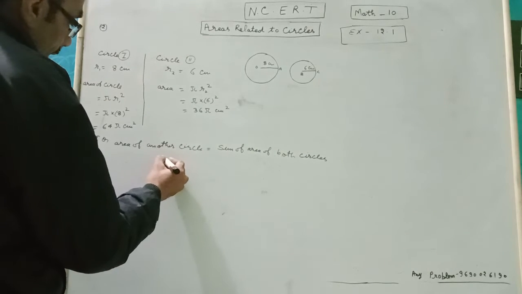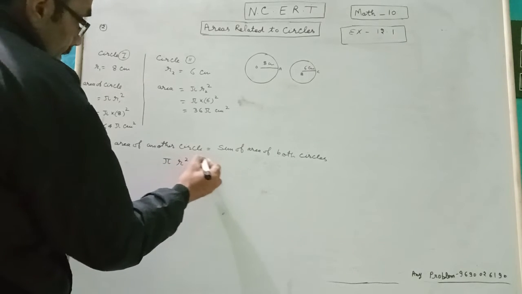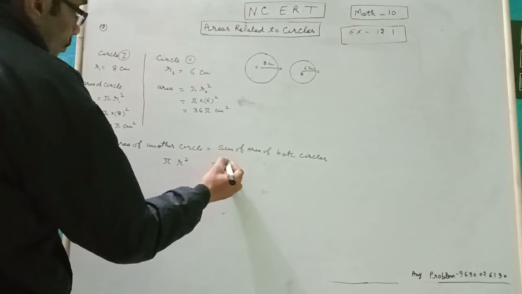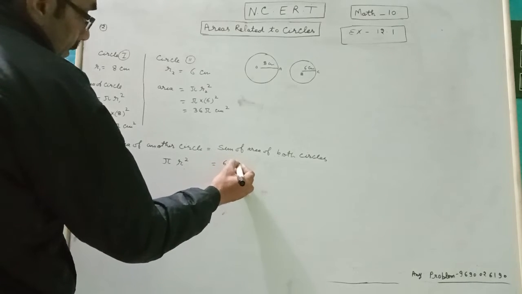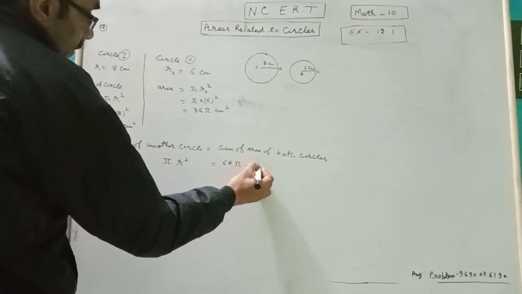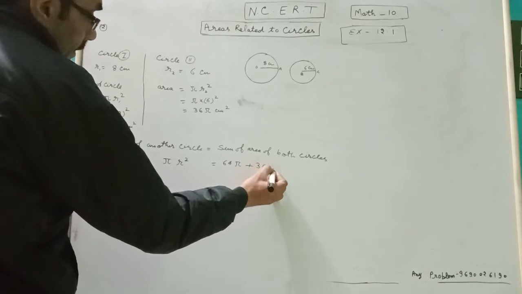Area is pi r square, equal to 64 pi plus 36 pi.